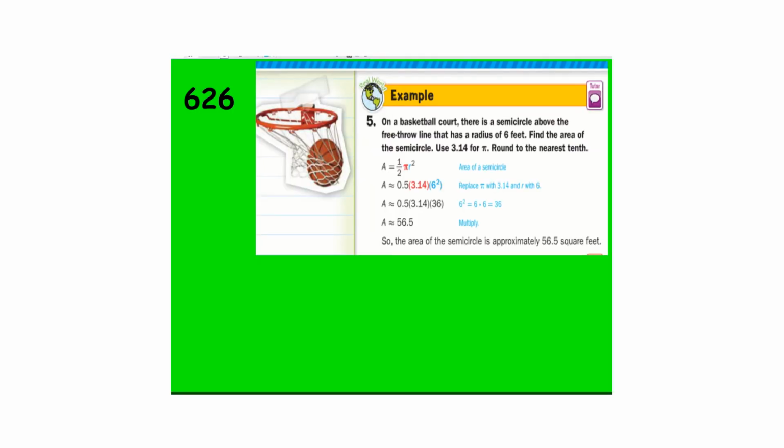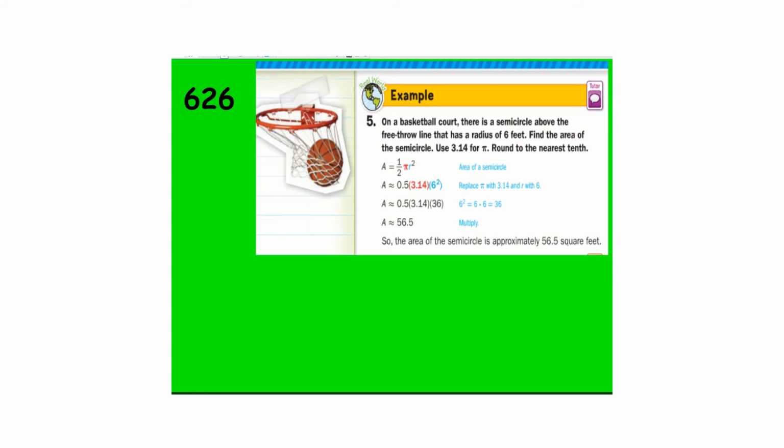Number 5, on a basketball court, there's a semicircle above the free throw line. The radius of that is 6 feet. So find the area. So we're going to take 6 times 6 and get 36. 36 times 3.14 is 113.04.